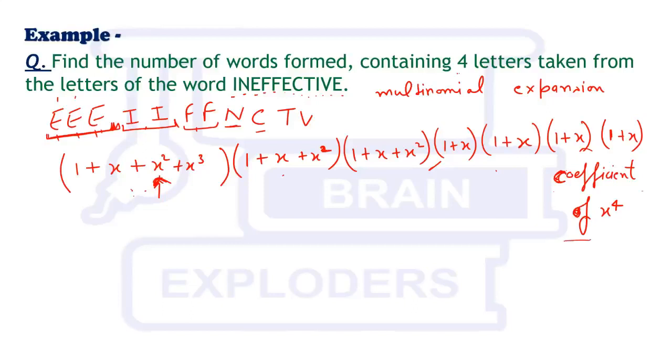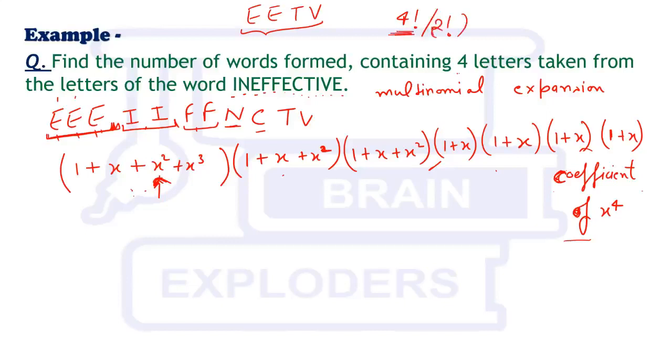Now if we have to find the permutation, what we usually do, if suppose here we have EETV selected, the permutations are 4 factorial over 2 factorial, which means we multiply by 4 factorial, the number of letters selected, and then divide by the number of letters repeated.